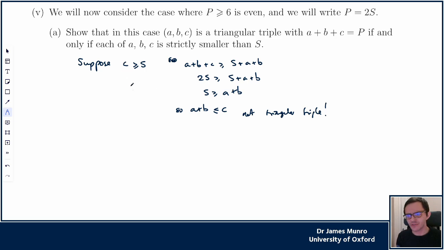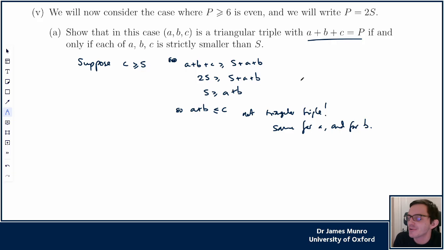And also, same thing for a and b. Repeat this with the letters the other way around. Same for a and for b. Okay, there's this other part to check, that if they're all strictly smaller than s, but I suppose we still need to require the sum to add up to p, otherwise they definitely can't be a triangular triple with perimeter p, if they're all 1 or something.